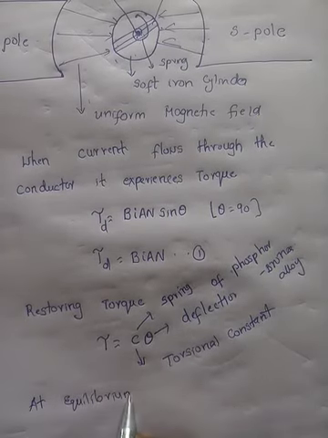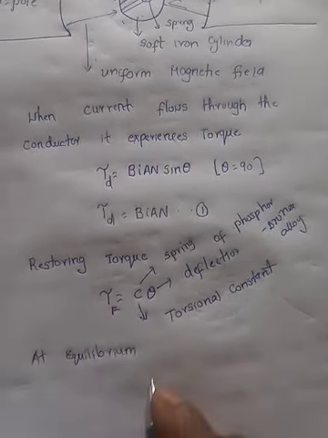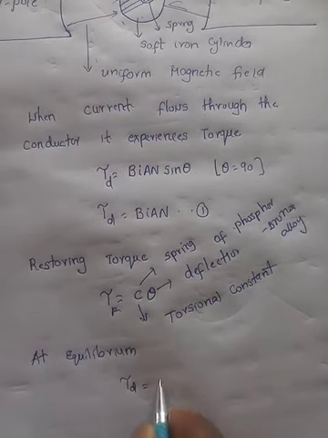The deflecting torque and restoring torque will be equal. Tau d is equal to tau r. What is tau d? The deflecting torque, BIAN, which is equal to C theta.